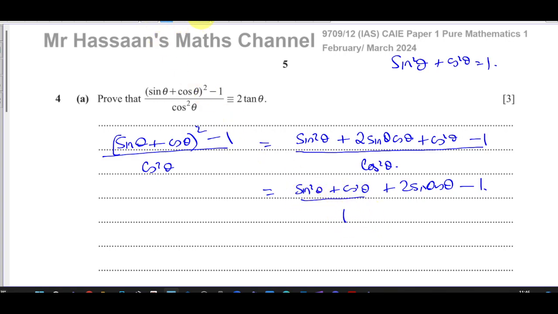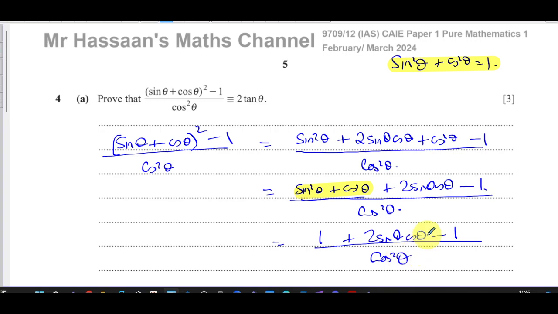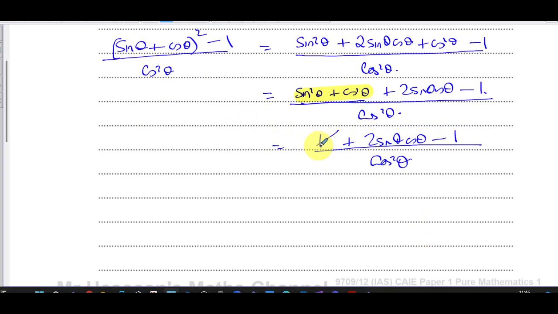Sorry, I forgot the denominator, that's all over cosine squared theta. So we replace them with 1, and we have 1 plus 2 sine theta cosine theta minus 1, over cosine squared theta. The 1 and the minus 1 cancel out.